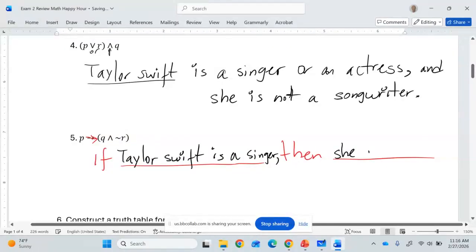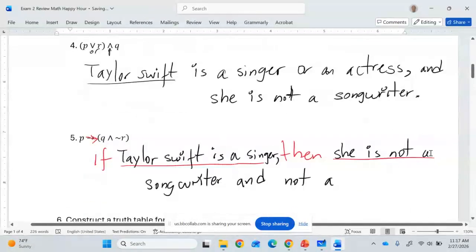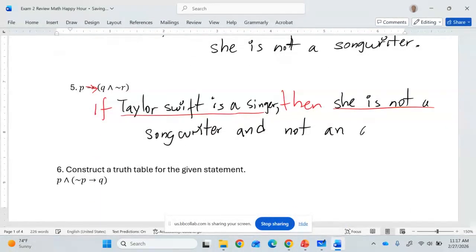Then she is not a songwriter, and because I have that symbol, which is the and preposition, not an actress. If you want, you could put the whole thing. Like you could again put the pronoun in there and say she's not a songwriter and she's not an actress.